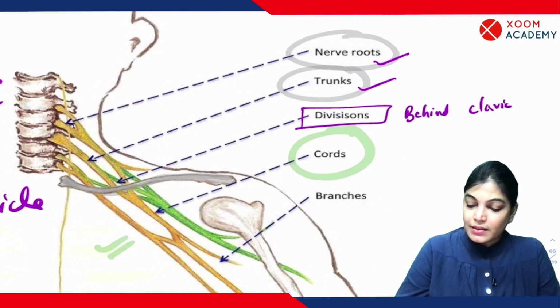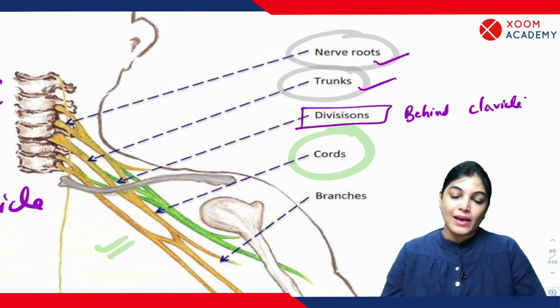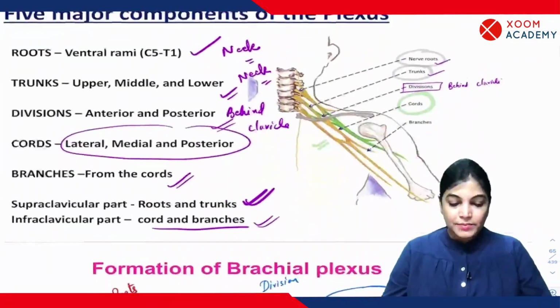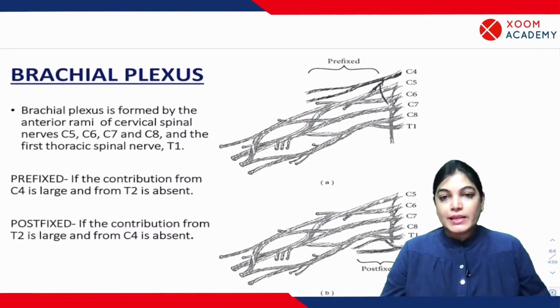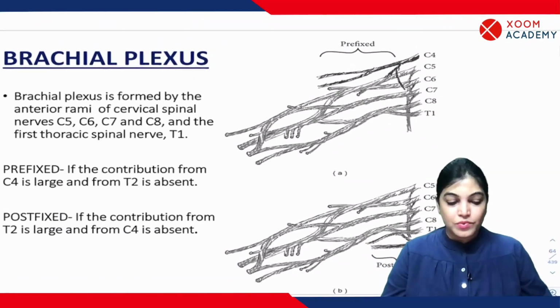That means the branches of cords of brachial plexus are residing infraclavicular in location. Got it?